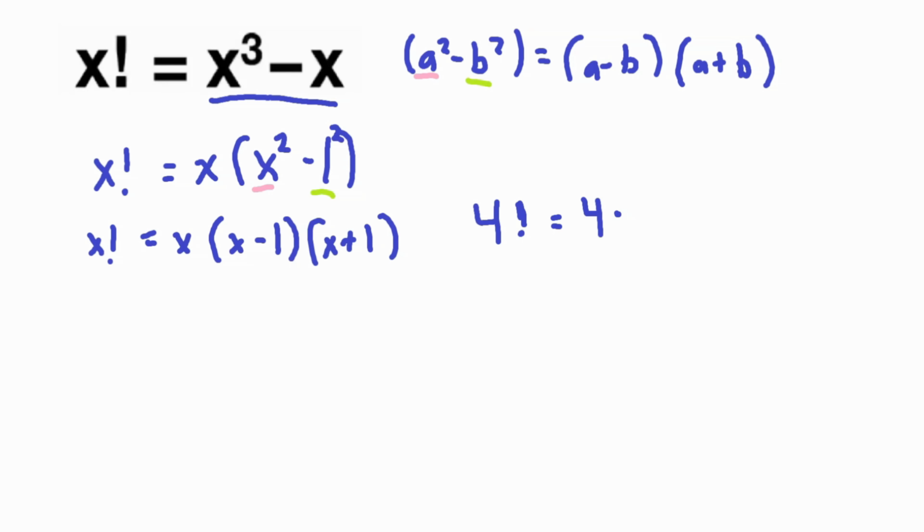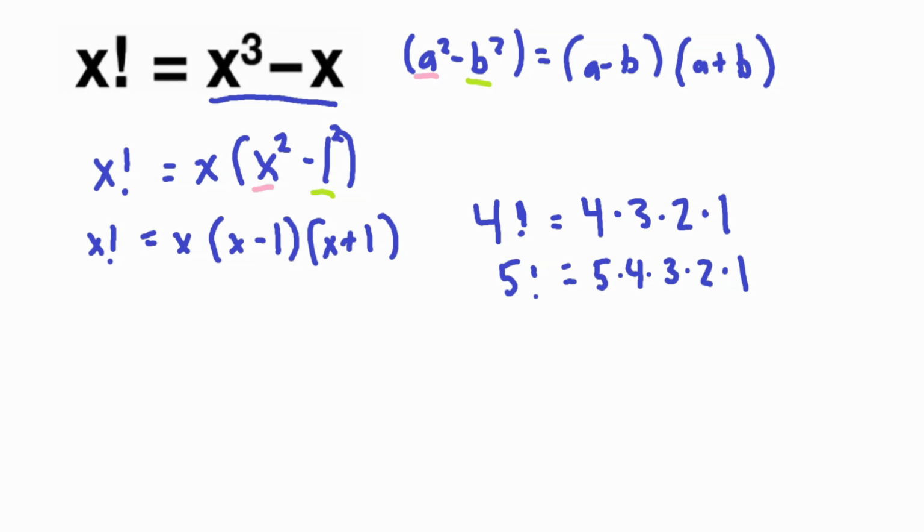So 4 factorial would be 4 times 3 times 2 times 1. So you always go until 1. Then 5 factorial is 5 times 4 times 3 times 2 times 1, and so on, right?